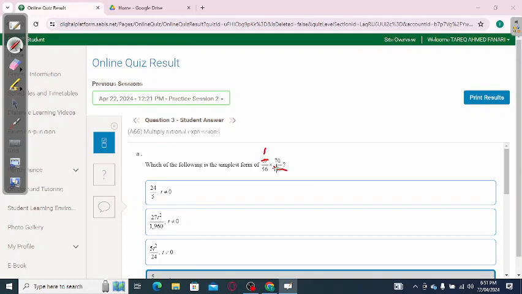This would give you 1 and 6, and here you would cancel out by the 7, which would give you 10 and 8. Then you factor out again. You cancel out again by dividing by 2. This would give you 5 and 4. This one we said was 6, so this would be 5 over 24.